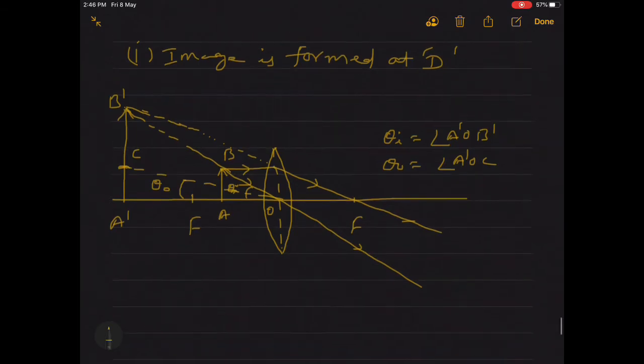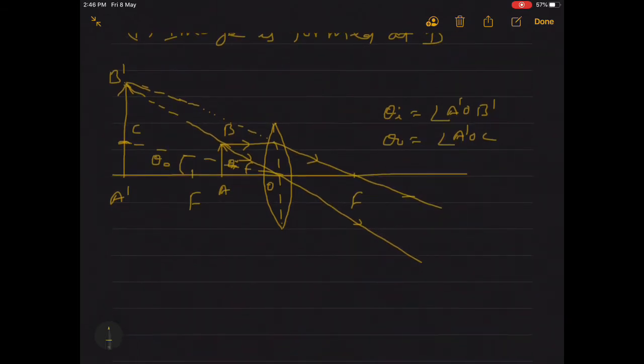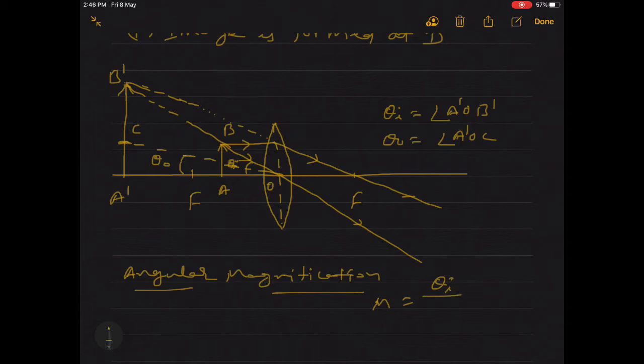So the angular magnification which we have to understand here is M is equal to theta I upon theta O. So what is this?